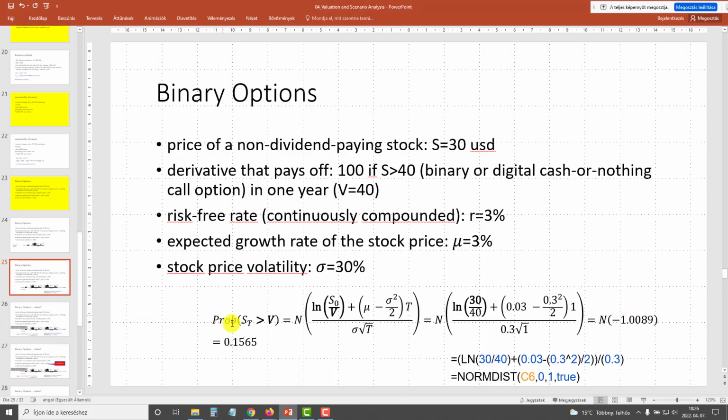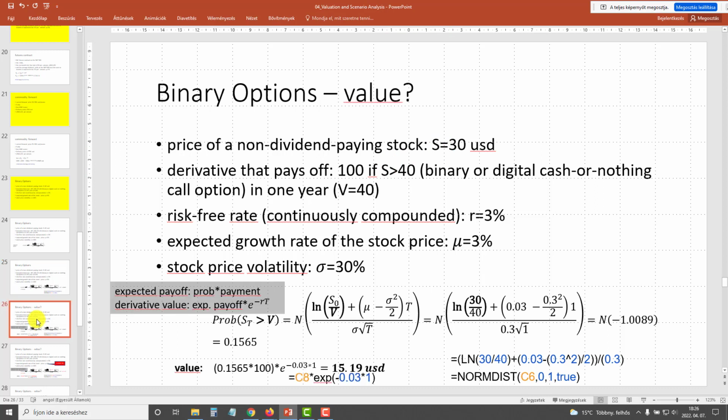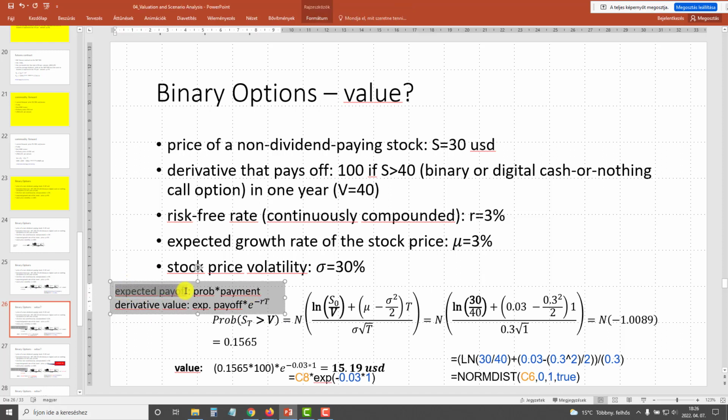So we can see what is the probability that we are under this thing, and it's 15, nearly 16 percent probability that we have this scenario that we will not be paid because we are under. So now we can calibrate the expected payoff. Let's copy this one.